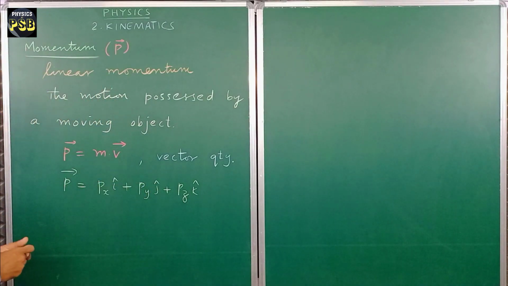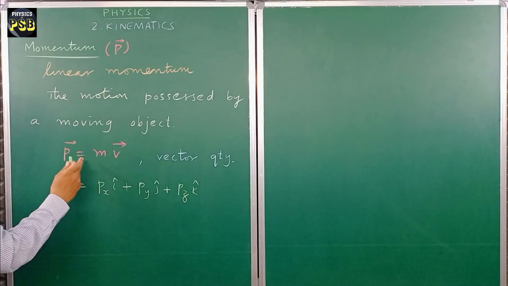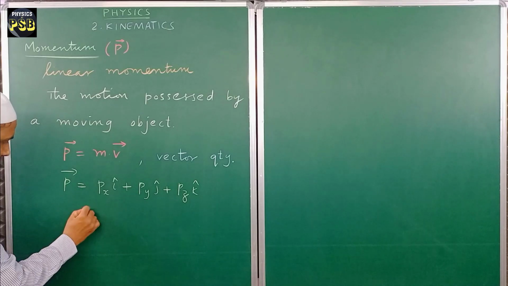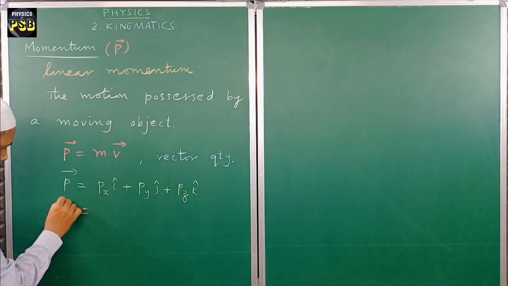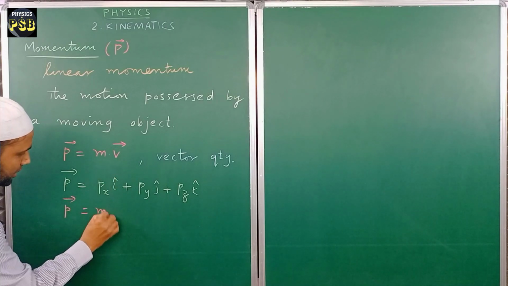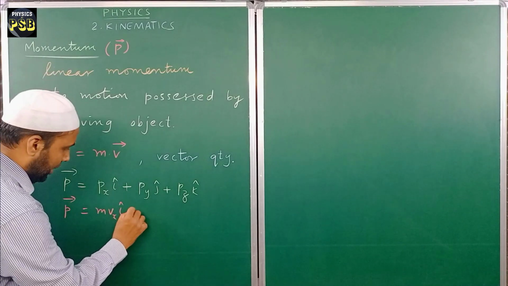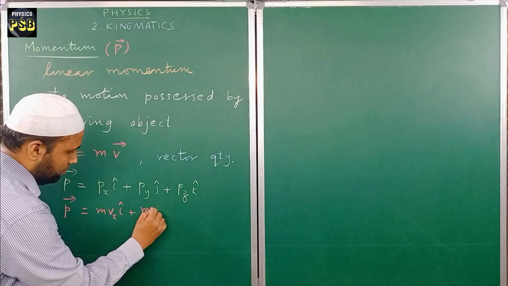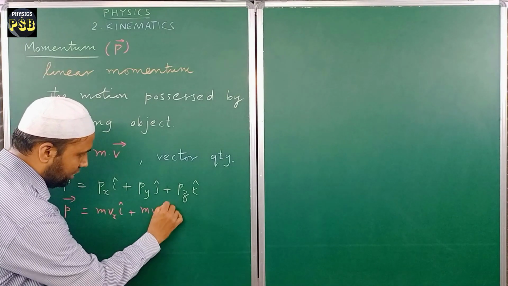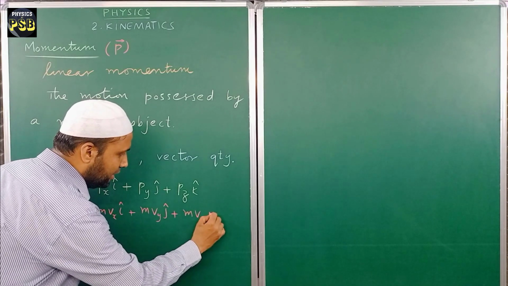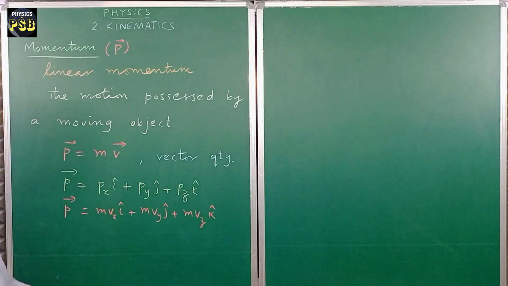Now this can be represented in another way. According to this equation, P vector is equal to m vx i cap plus m vy j cap plus m vz k cap.